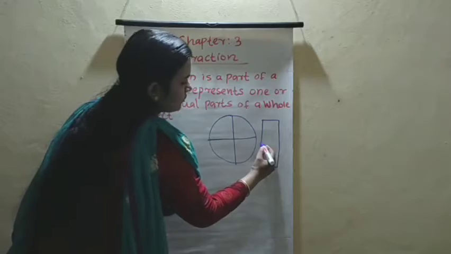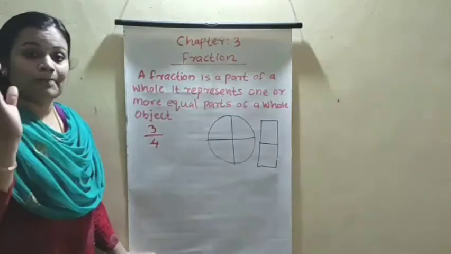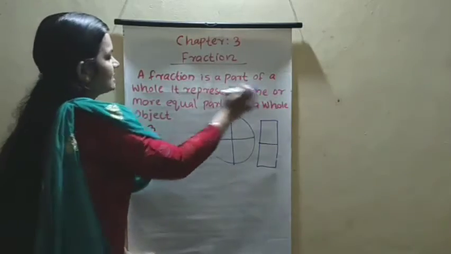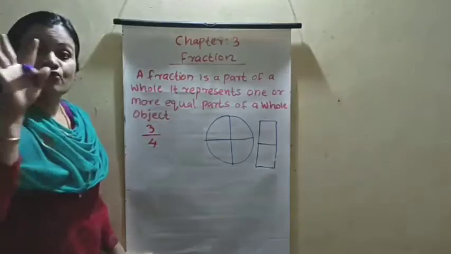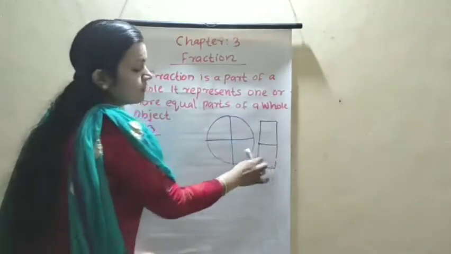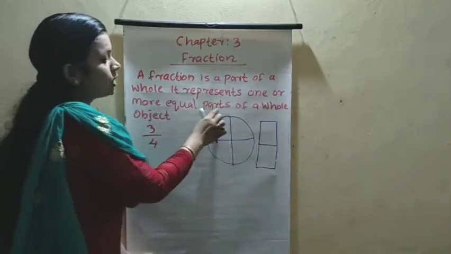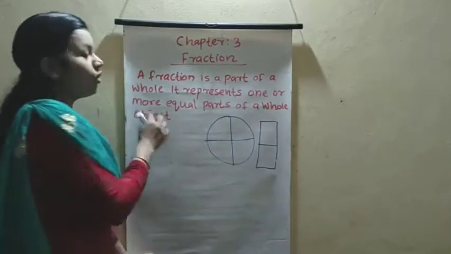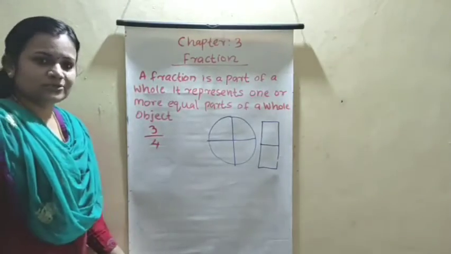Then how many parts are here? 1, 2. A fraction is a part of a whole. It represents one or more equal parts. This is 4 equal parts. This is 2 equal parts. So it represents one or more equal parts of a whole object. That is called a fraction. Understood?